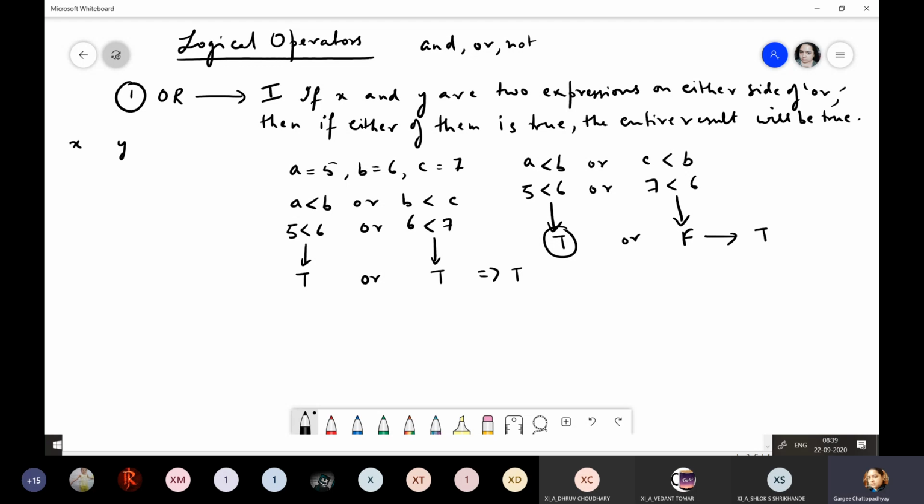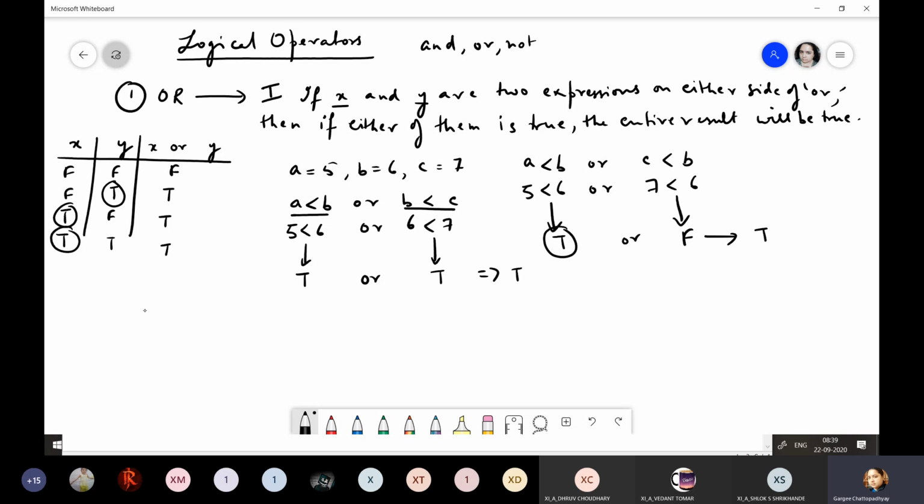If I have two expressions, x and y, x or y. So here I have false, false, true, true. Here I have false, true, false, true. False or false will only give me false. Rest everywhere I will get true. Why? Because there is at least one true. Right? This is in case when x and y are two separate expressions on either side of OR.